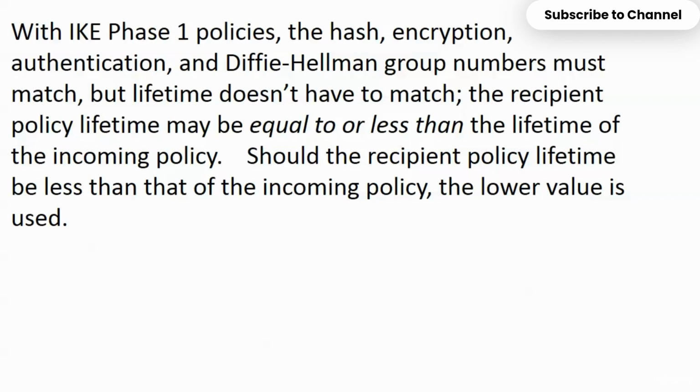And should the recipient policy lifetime be less than that of the incoming policy, the lower value is used. Boy, that's a good practice exam question. Good job interview question. So you've got to know not only that the lifetimes don't have to match, but on the recipient end, it has to be equal to or less than the lifetime of the incoming policy. Then you've got to know that the value that will actually be used is the lower value.